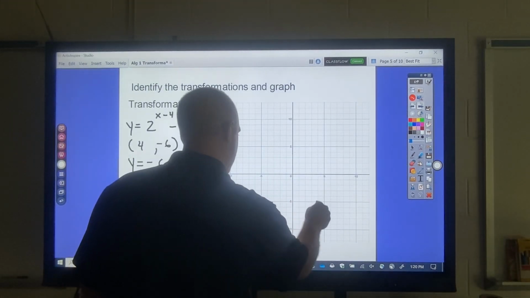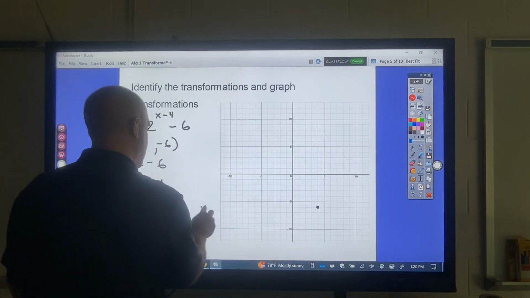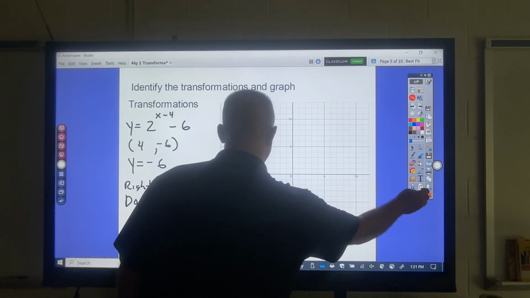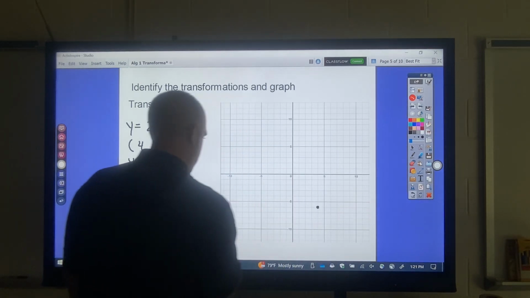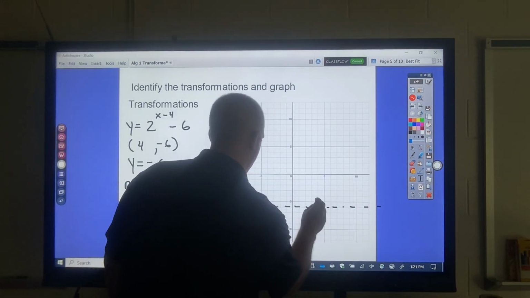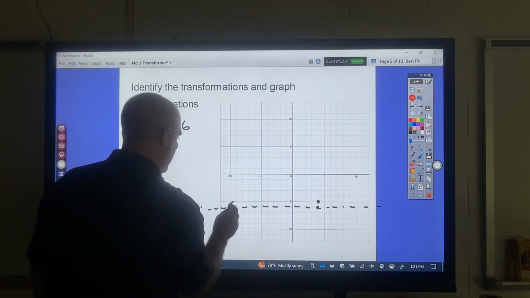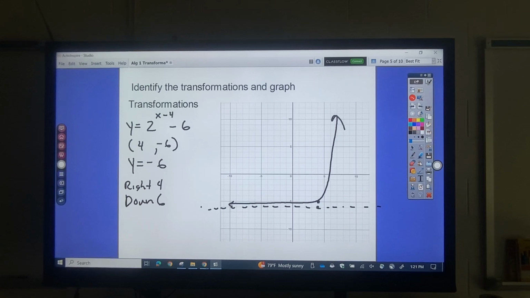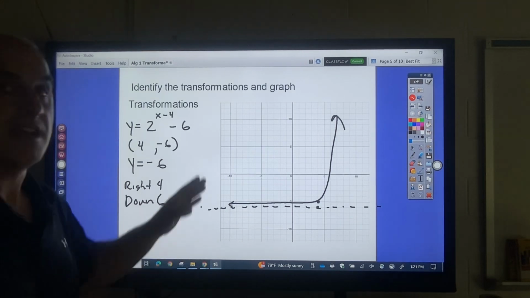This is where I draw my asymptote, let me draw it a little bit better. Then I just go 1 point up because it's positive, and this is what my graph is going to look like. Just like that. When you get into Algebra 2, you will graph that in detail.